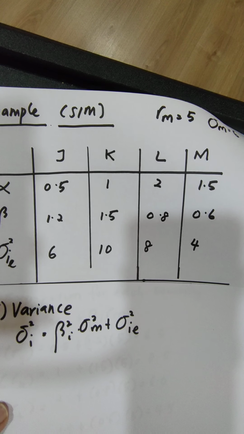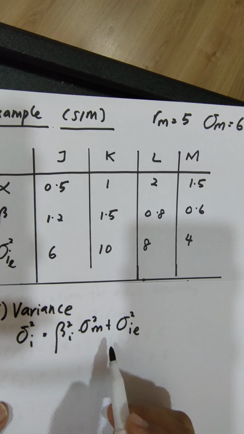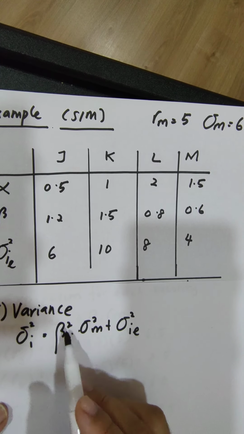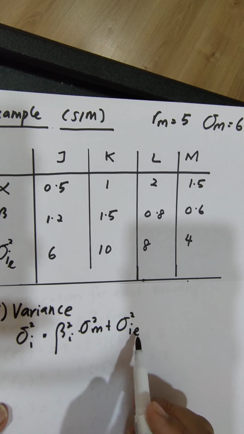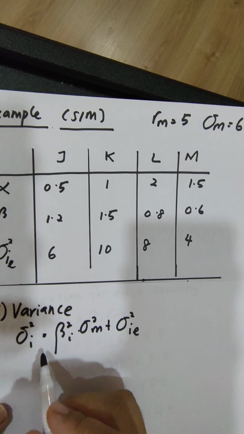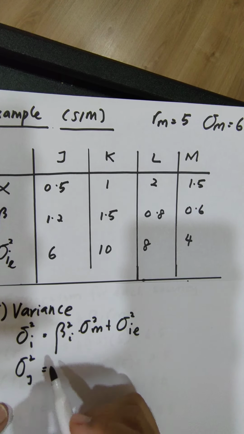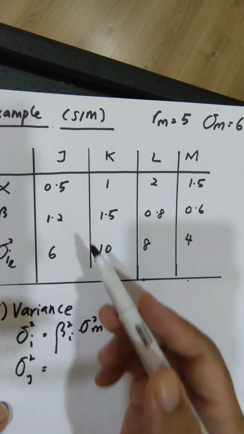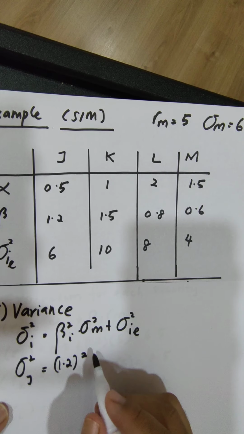Alright, to continue on the questions, next we need to search for variance. Based on the formula given just now, variance would be beta to the power of 2 multiplied with variance on market plus the residual variance of that particular asset. So for variance for the first asset, which is J, look at the beta for J, which is 1.2, to the power of 2, times variance on market.